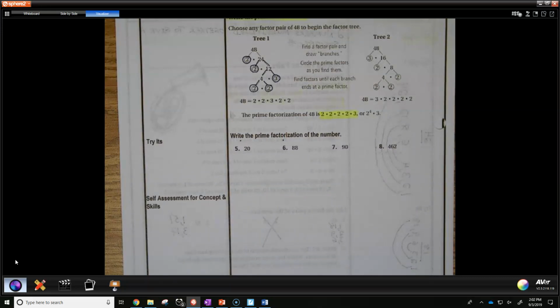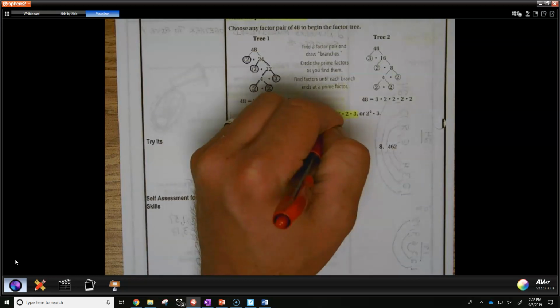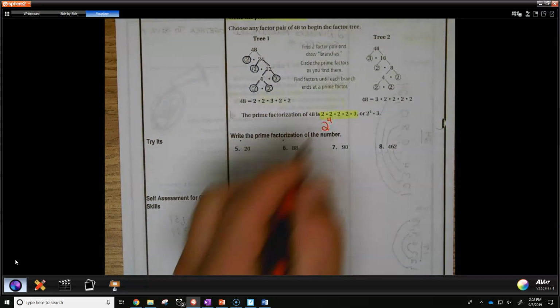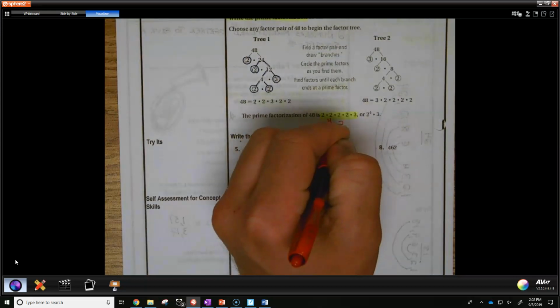Now, we learned on lesson 1, when we have a number repeating itself, we make it the base. So when I see 2 times 2 times 2 times 2, I have 2 as my base, and since I repeated it 4 times, we put that as my exponent. And then we had a 3 left over, so times by 3.